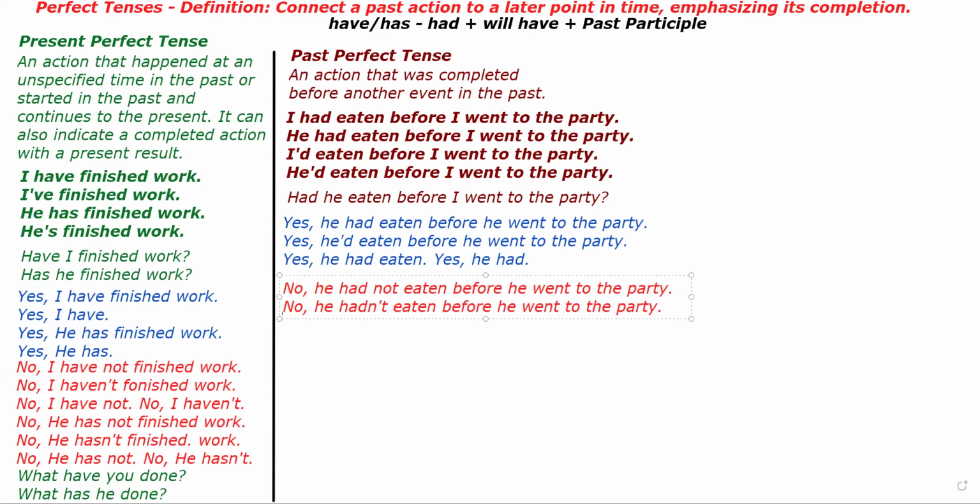Shorter: hadn't eaten before he went to the party. Or even shorter, no, he hadn't. You see, you gotta have all the options.